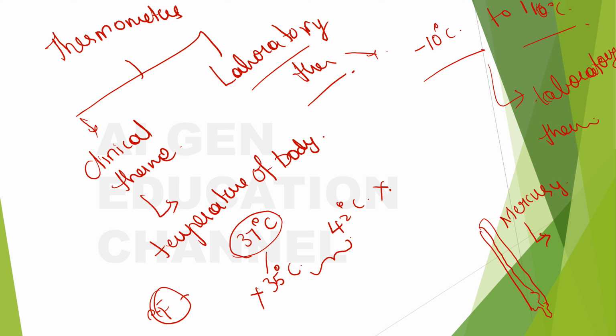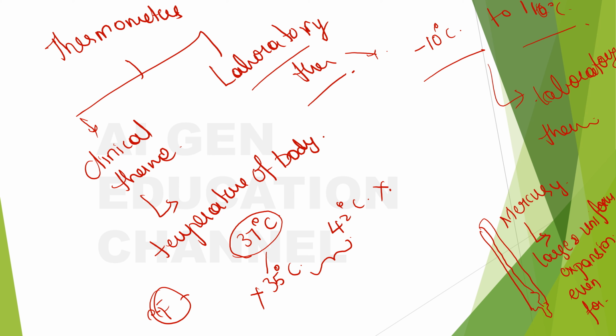It is used because it has a uniform rate of expansion, and the expansion is large. Large and uniform expansion can be seen even for the slightest change in temperature, right? Even for a small change in temperature, you can find large expansion, and the expansion is also uniform.